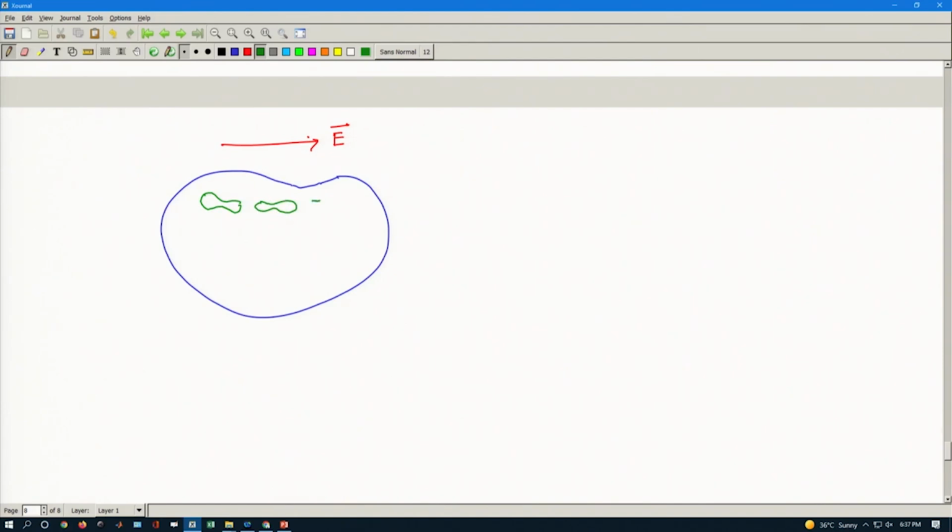There will be a charge separation, and as a result I have tiny dipoles. These dipoles will line up with the external electric field.